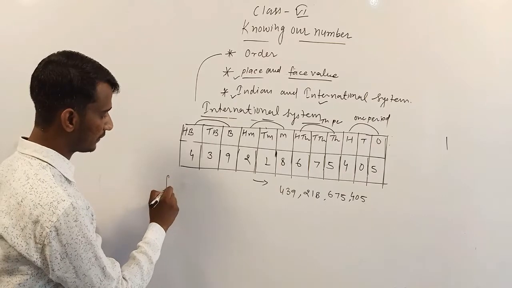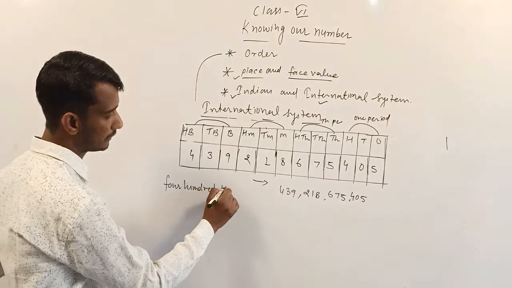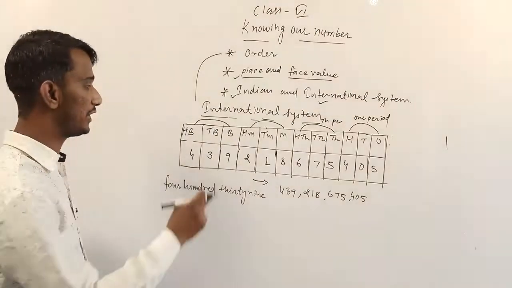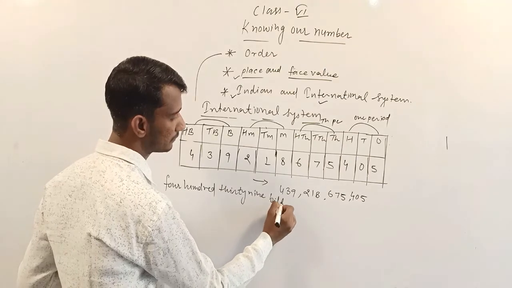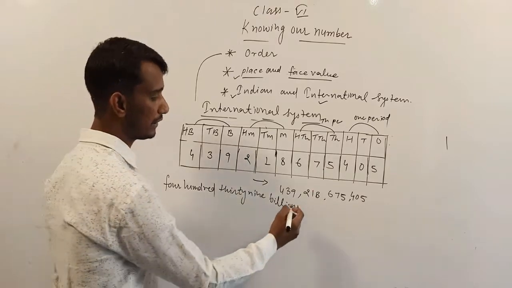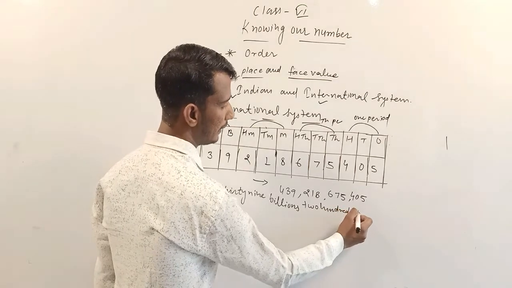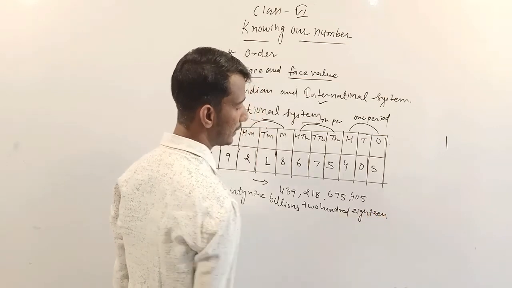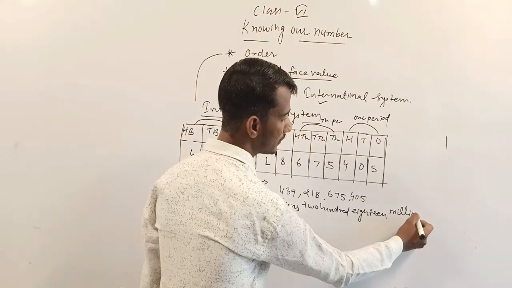First we write 439, and after that we write the period. Which period is it? Billions. So write billions. Next, 218, and this period is millions, so write millions.